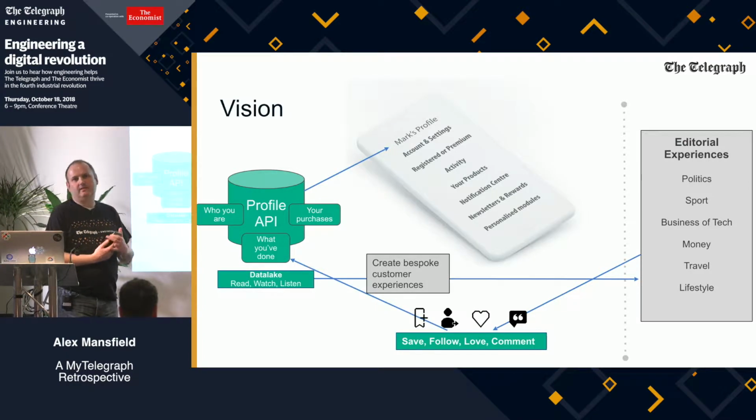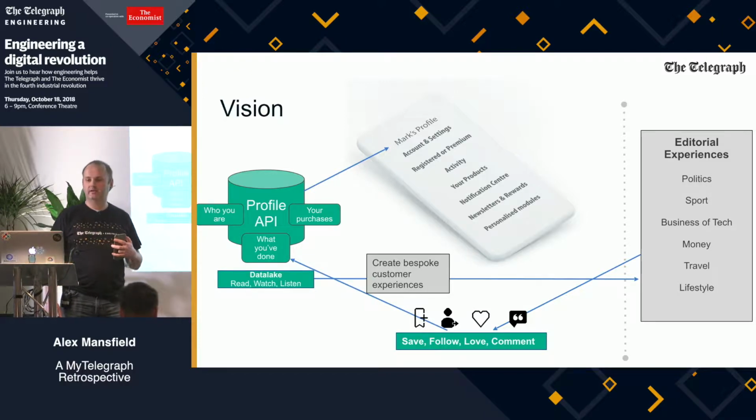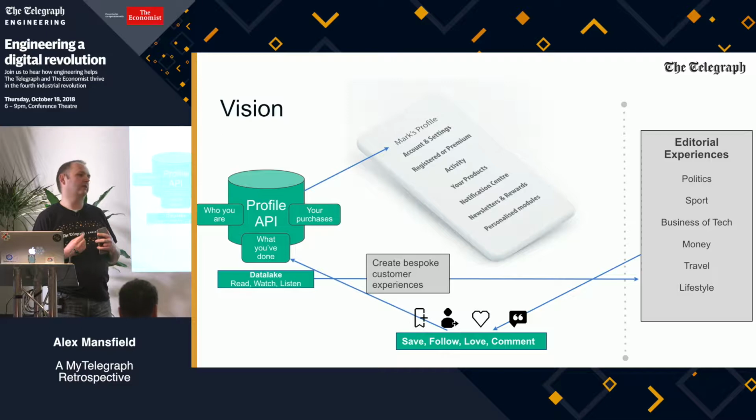Now, the vision of MyTelegraph is a lot bigger than just following topics and journalists, and we know that it's going to touch on multiple areas in the business. Historically, when you tackle a large project like this, touching on multiple business areas, you need a good understanding of your requirements. Potentially you look at big upfront design, and you want a dedicated project team to build this out.